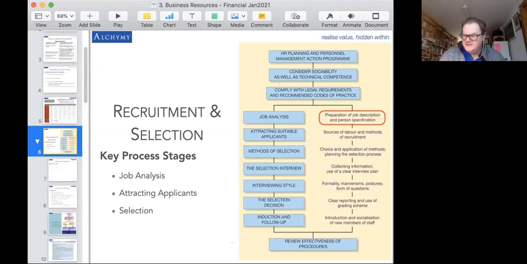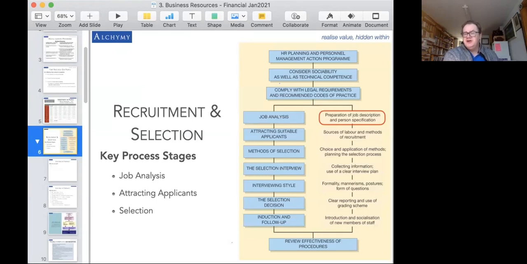Now, not every business follows the same exact process, but the broad strokes are the same. They have to be, because most people who are hired are new to the organization, and we don't know them necessarily that well. Now, in some cases, you know, we may know them, we may know of them, we may have had engagement with them, and we might think we really want them to join our organization, and that's fine.